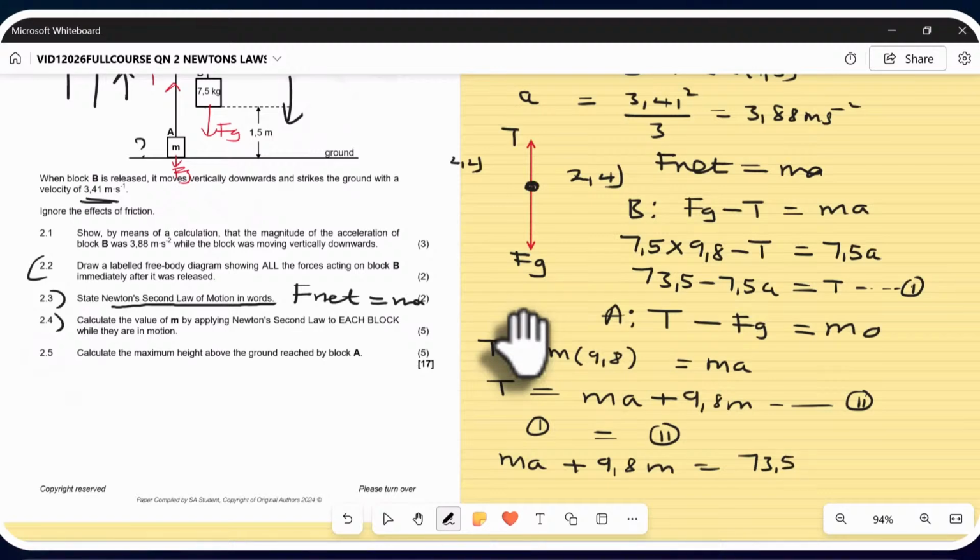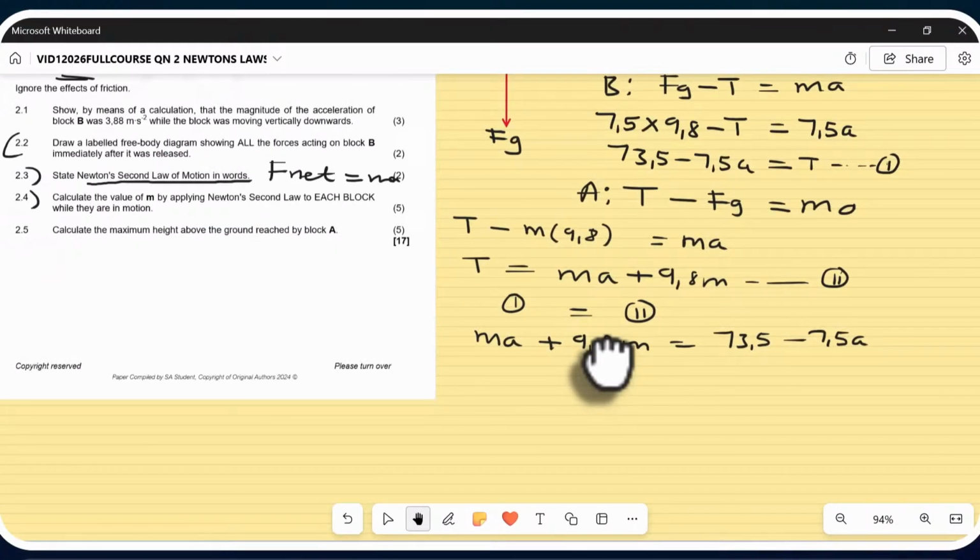So 3,88m plus 9,8m equals 73,5 minus 7,5 times 3,88.